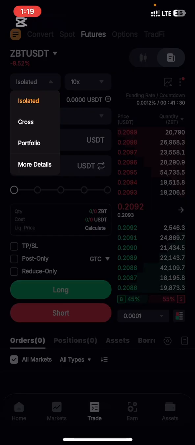Then cross is a different thing. Cross works like this. You have $100 in your wallet, you place a trade of $20. Now you are giving the trade a command that even though the money used placing that trade is exhausted, it can still tap into the remaining balance you have in your wallet. I believe you understand what I meant.